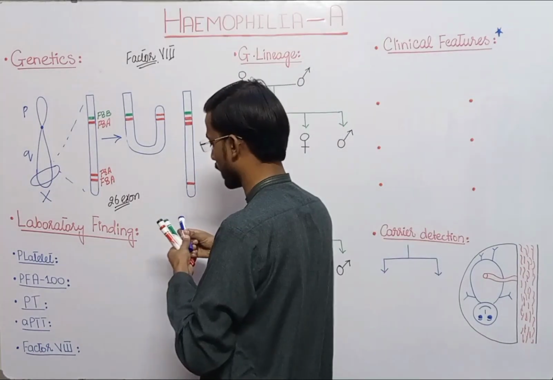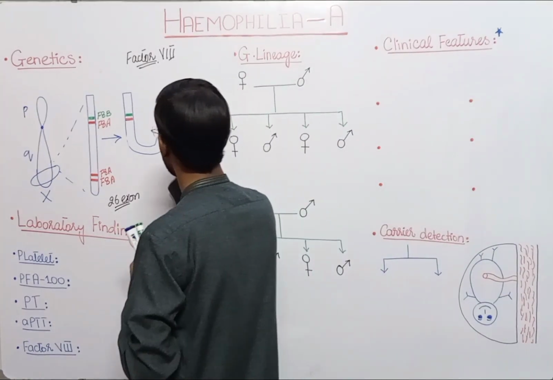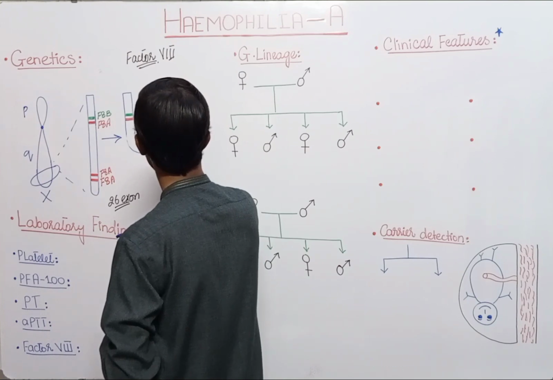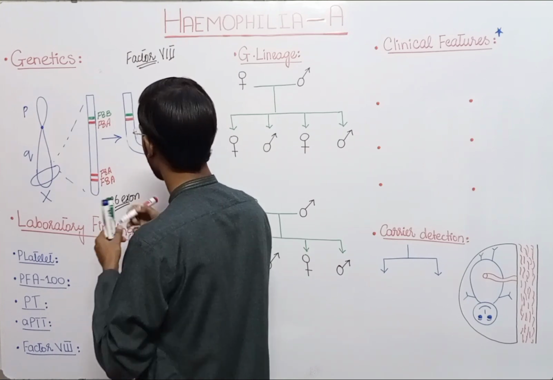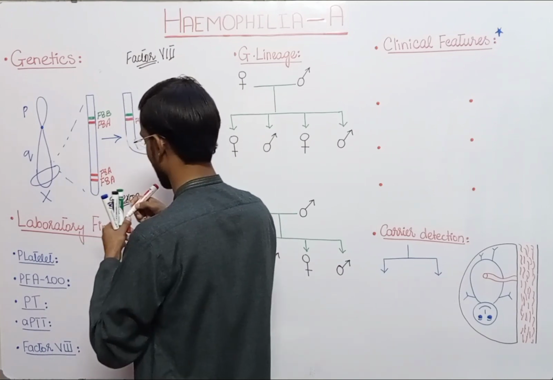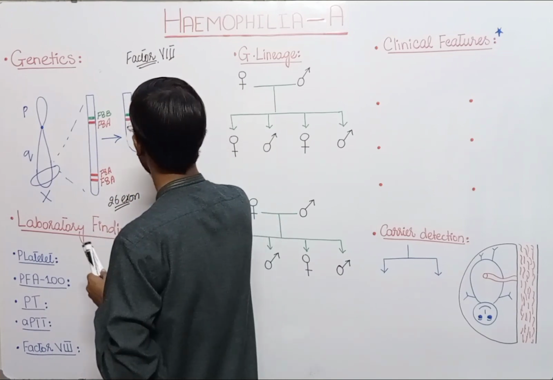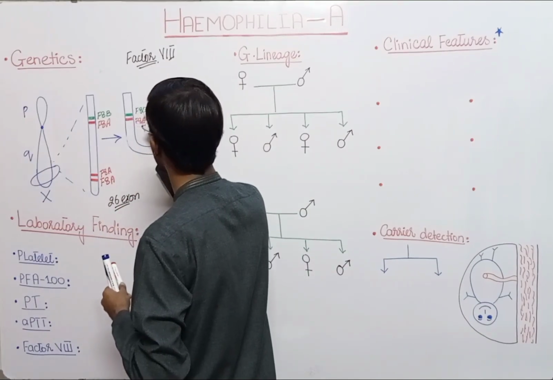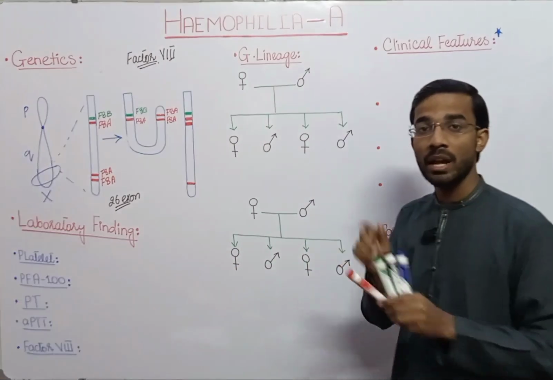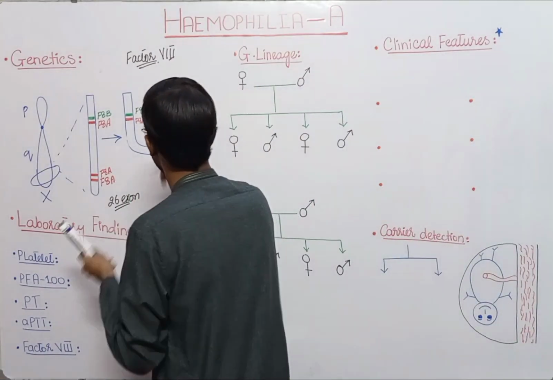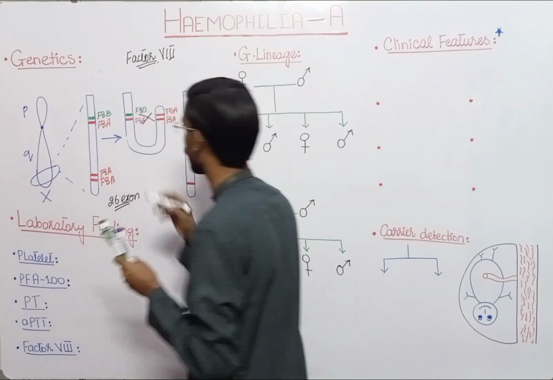In that situation, the gene copies will be in front of each other. So here is F8A and here is F8B, and in that situation crossing over occurs between them. So here you will see the crossing over.